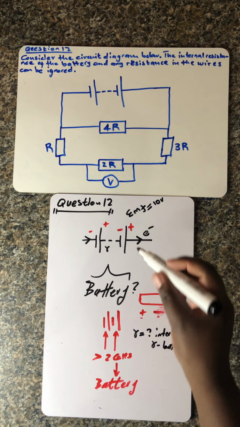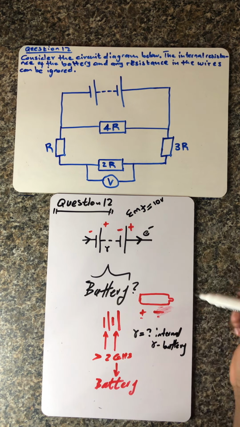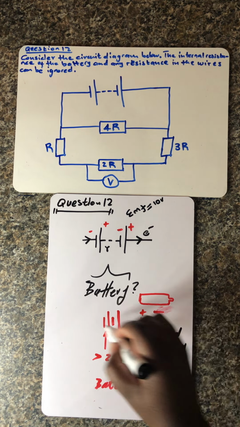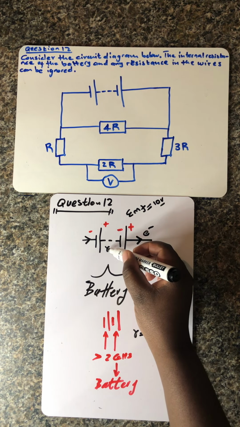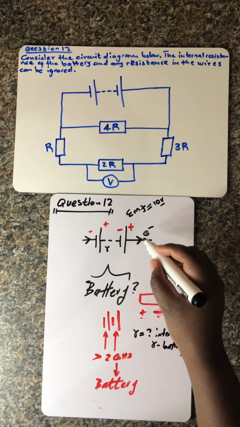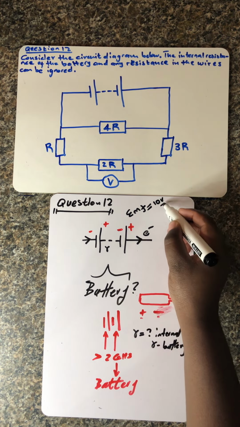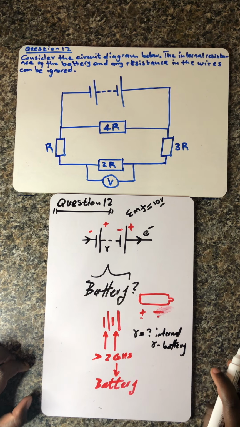Because of the internal resistance of the battery, not all the devices or the electrical appliances will use the whole of that 10 volts. Why? Because there's an internal resistance which resists the whole of that 10 volts being used. Just a practical example, ladies and gentlemen.